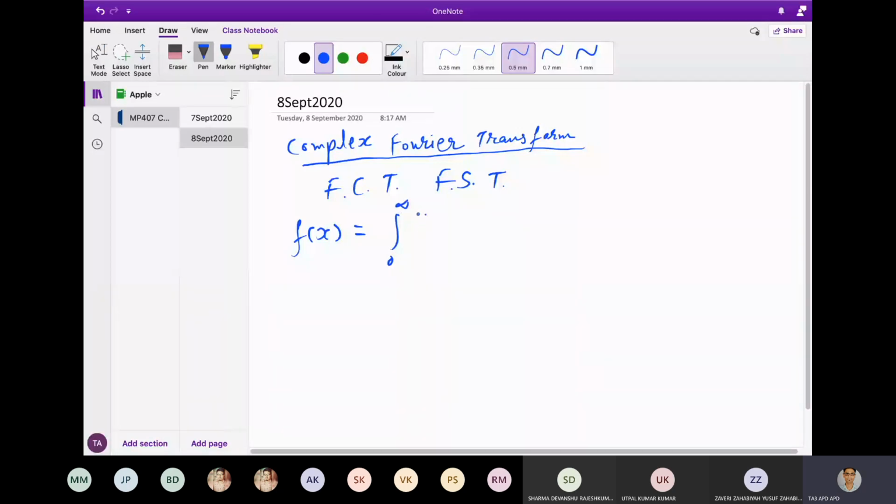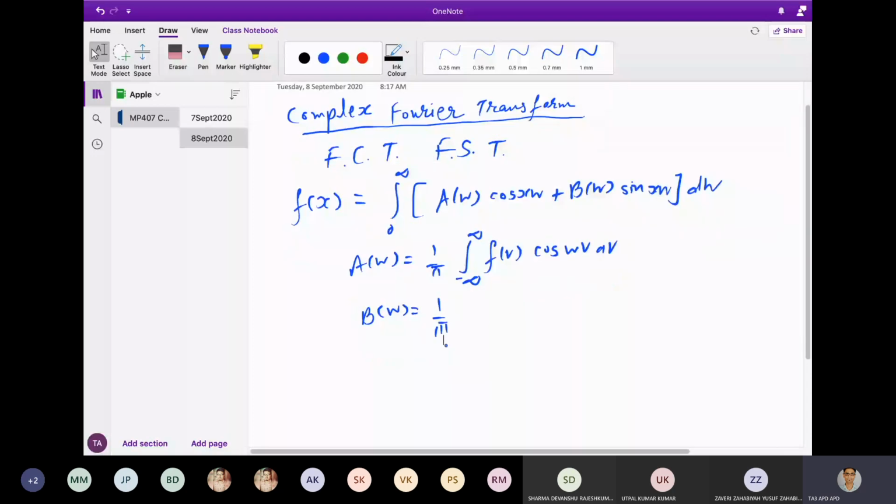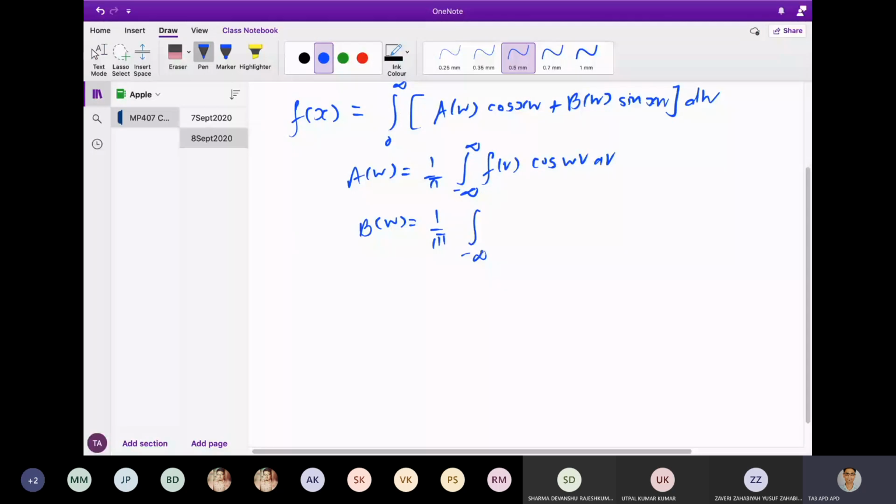integral from 0 to infinity of a cos(xw) plus b sin(xw), integral with respect to w, where a is given by 1 over pi times the integral from minus infinity to infinity of f(v) cos(wv) dv, and b is 1 over pi times the integral from minus infinity to infinity of f(v) sin(wv) dv.